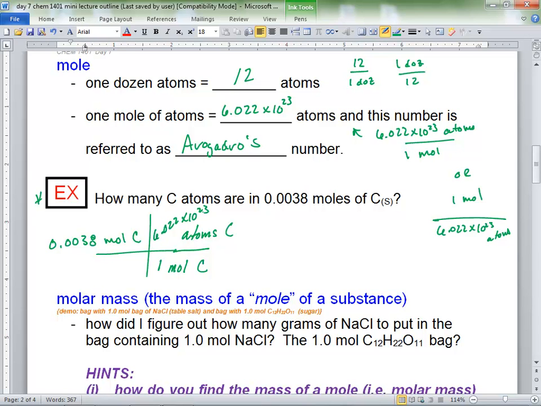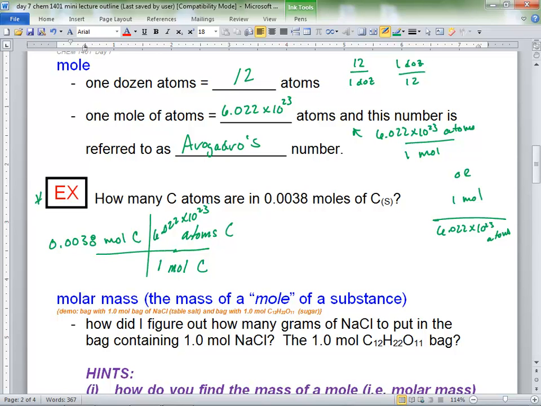Now we have to know how to do this in our calculator, so let's make sure we can all do this. Get out your calculator. We're going to plug in 0.0038.